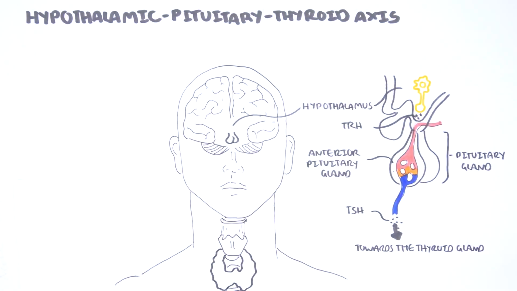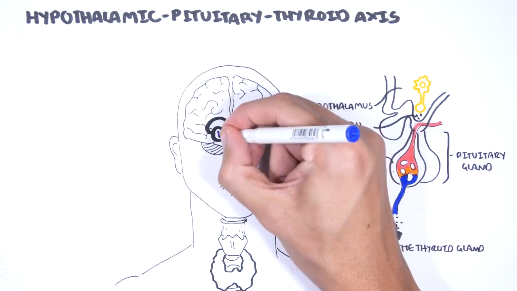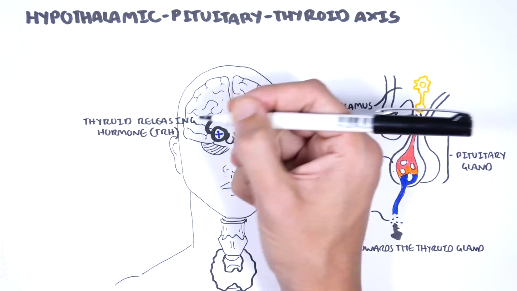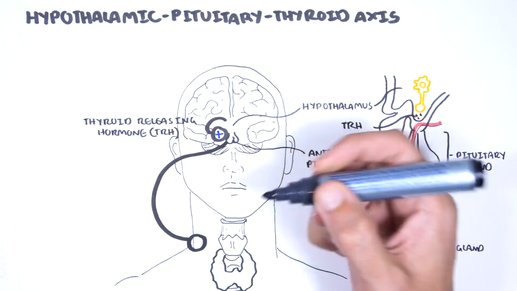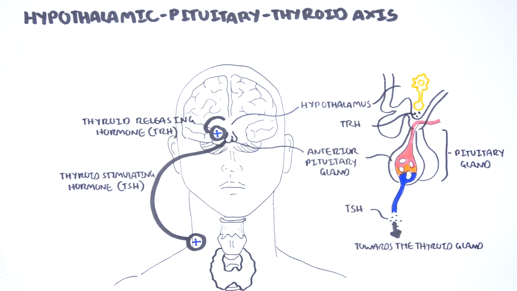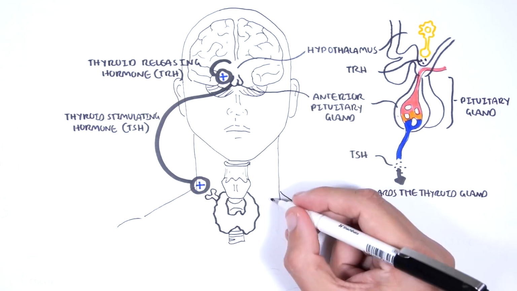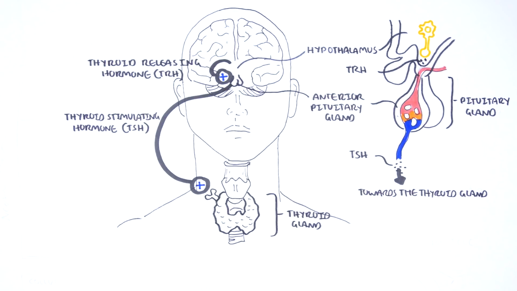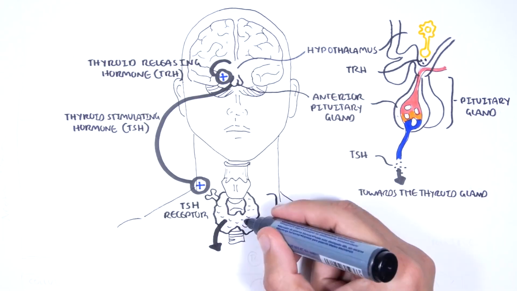Understanding the physiology of the thyroid gland, the hypothalamic pituitary thyroid axis, is important to understanding hyperthyroidism. Thyrotropin-releasing hormone, TRH, stimulates the synthesis and secretion of thyroid-stimulating hormone, TSH, which acts at the thyroid to stimulate all steps of thyroid hormone biosynthesis and secretion by binding onto thyroid-stimulating hormone receptors.